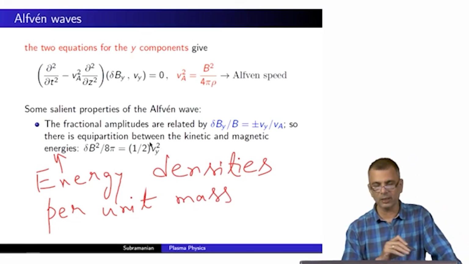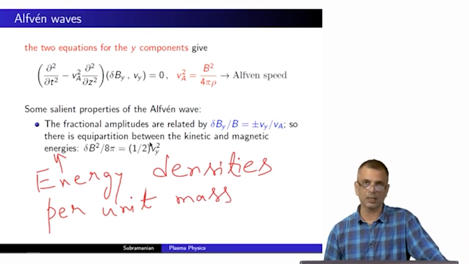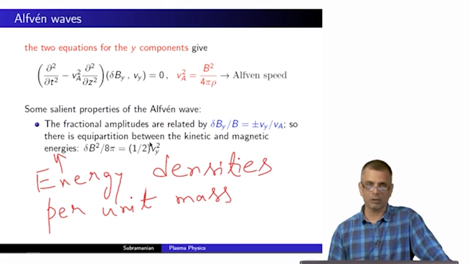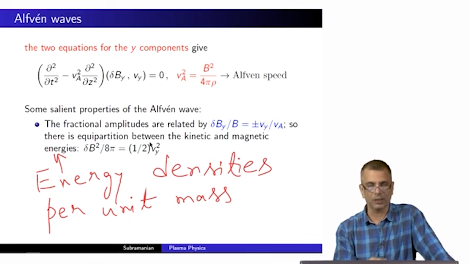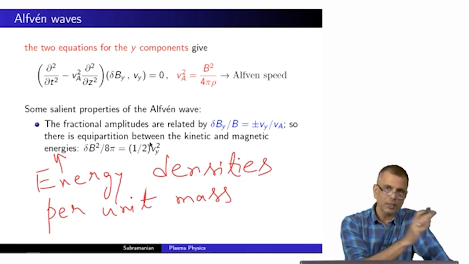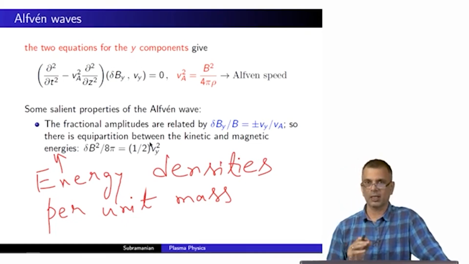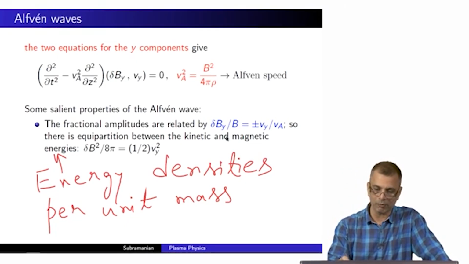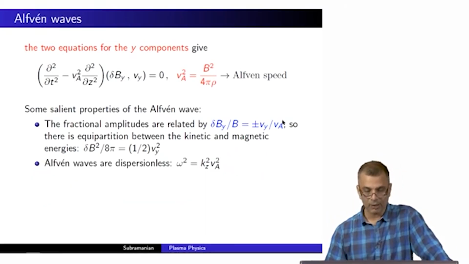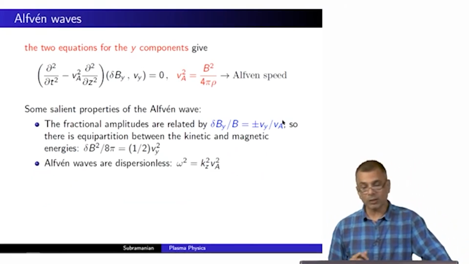As you can recognize, this is the kinetic energy per unit mass, right. So this would be specific energy densities, and there is equipartition. Okay, the magnetic energy density and the kinetic energy density are the same, and this is a simple consequence of this fact. Okay. Alfvén waves are also dispersionless.